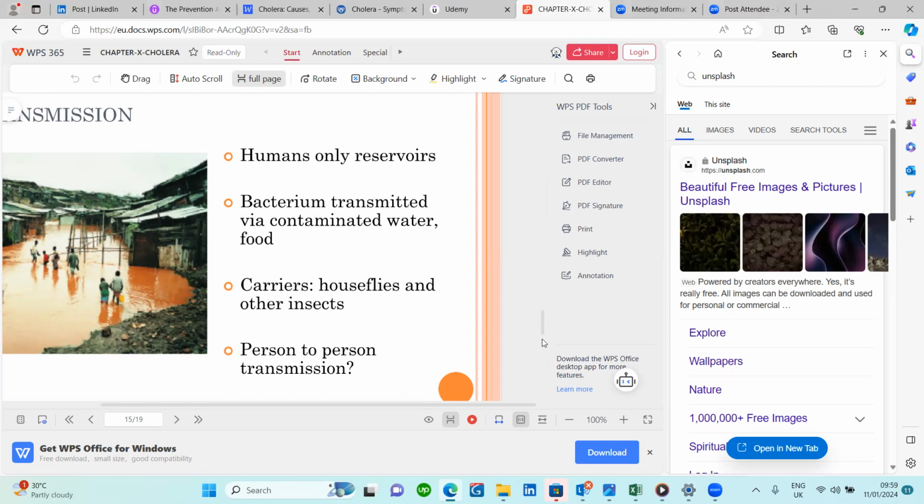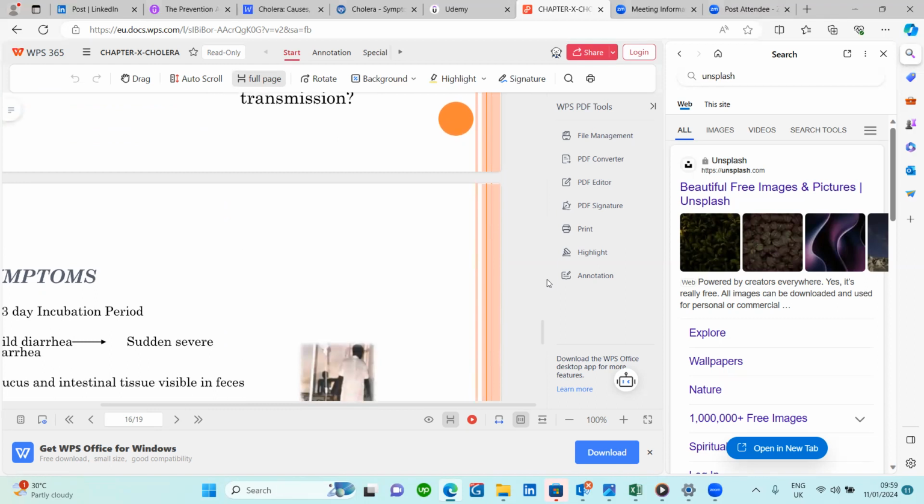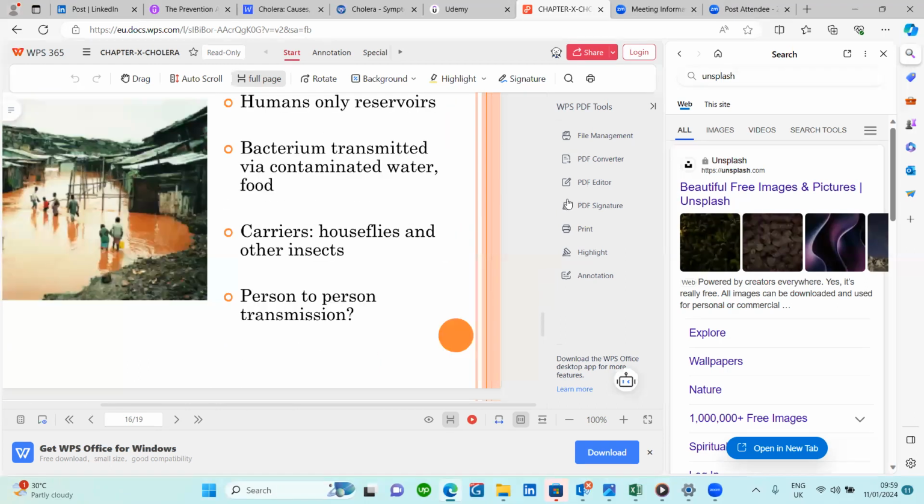The bacterium, Vibrio cholerae, is transmitted through contaminated water or contaminated food. Then we have the carriers, houseflies and other insects. Then we have person-to-person transmission. So these are the ways by which cholera can be transmitted. Thank you.